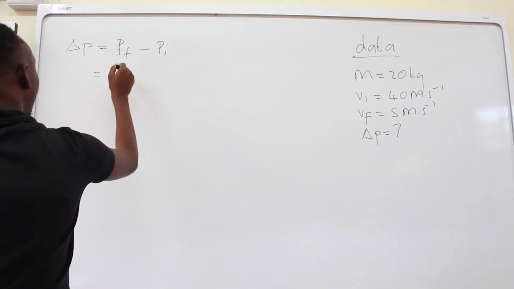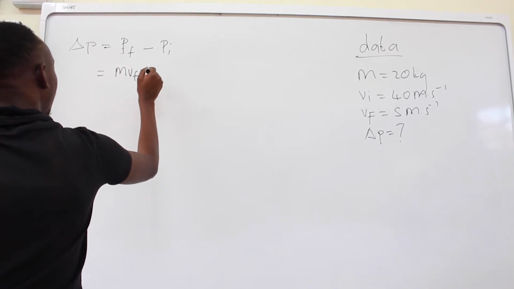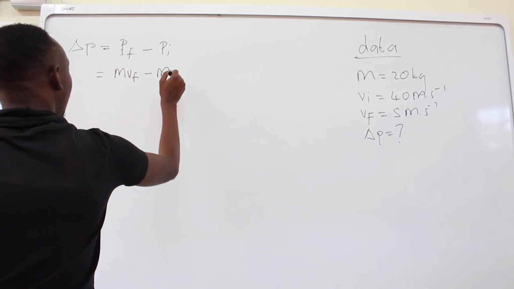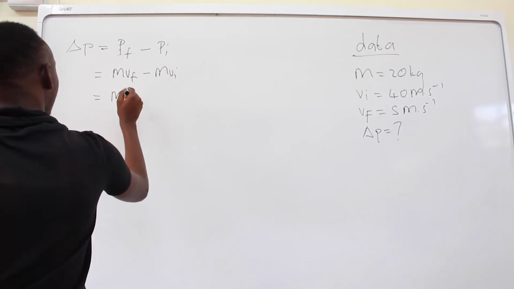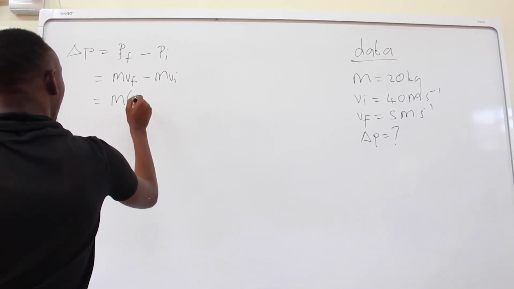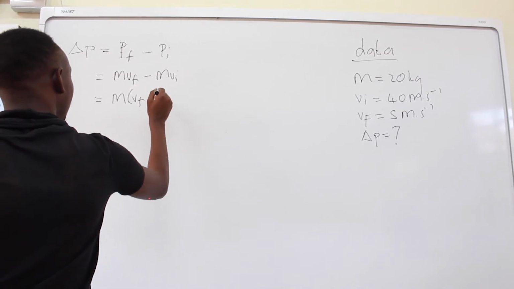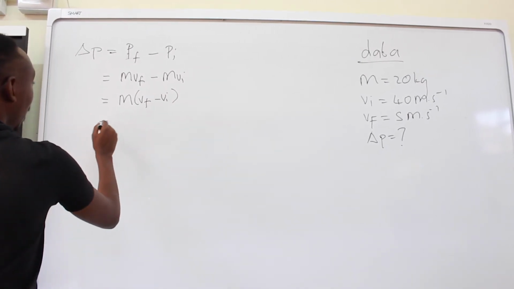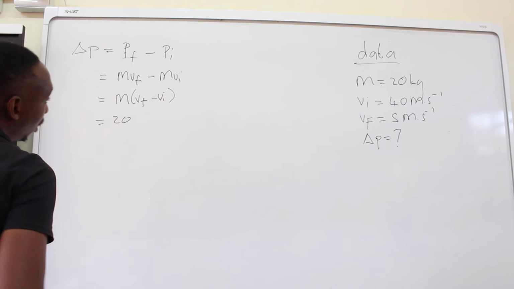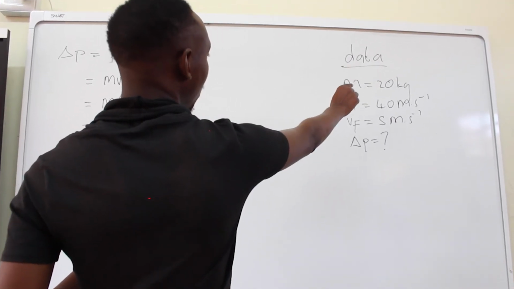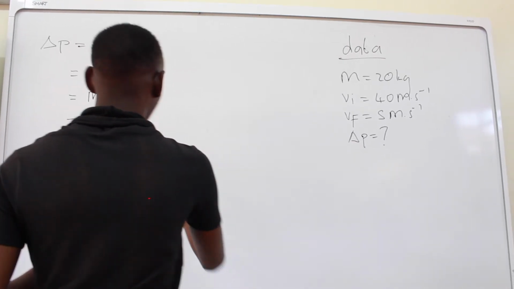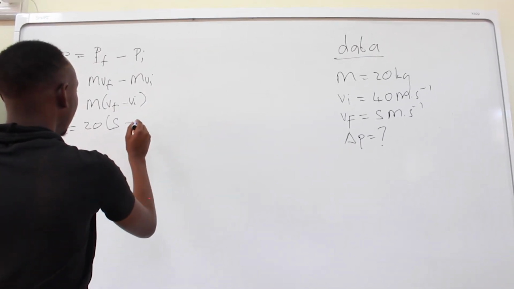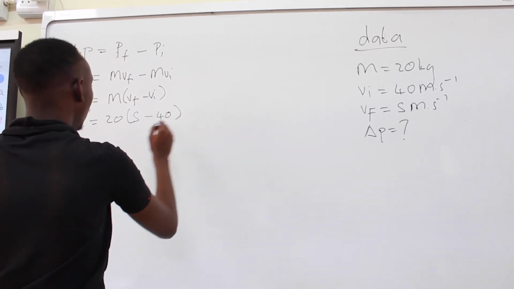We can write this as the mass times the final velocity minus the mass times the initial velocity. You can still take out m as the highest common factor, so we have final velocity minus initial velocity in the bracket. Then you substitute 20 kilograms for the mass, the final velocity of 5, and minus the initial velocity of 40.